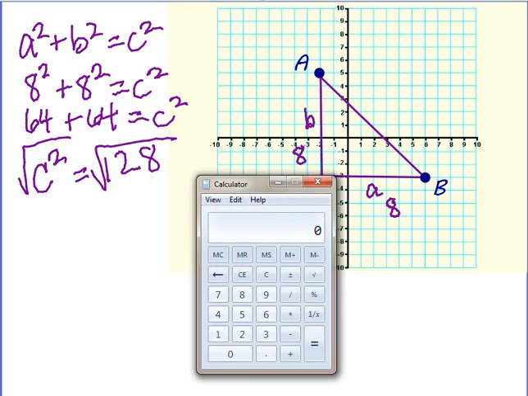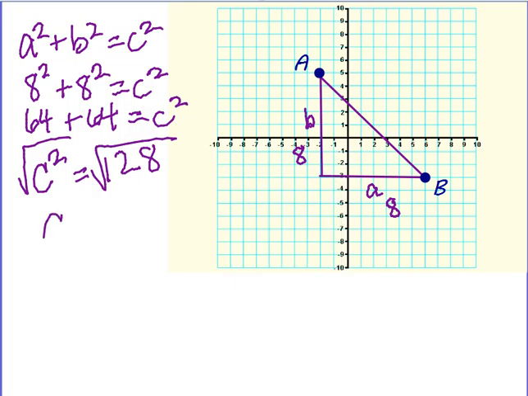So I'm going to bring out the calculator, and I'm going to do square root of 128. And if I round to the nearest tenth, I get 11.3. C is 11.3 units long. 11.3 units, going from point A to point B. If you count that out, it's kind of hard to tell because it's on a diagonal. So we're going to have to use our theorem to help us find that length.